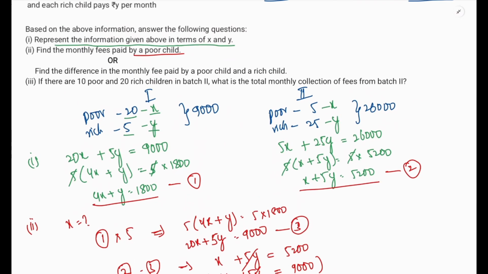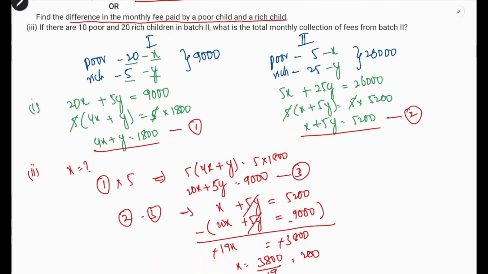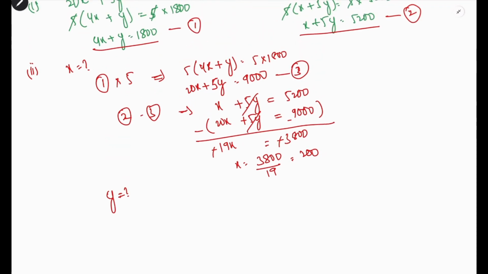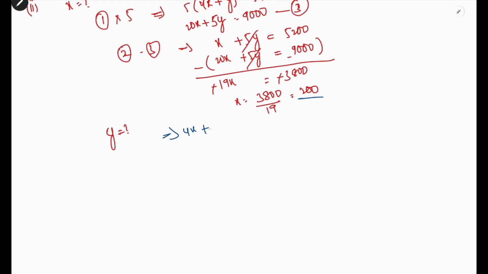And there is another option here. Find the difference in the monthly fee paid by the poor child and a rich child. So we have to find the y value also. We substitute the x value in the first equation: 4x plus y is equal to 1800. Here x is equal to 200, so 4 into 200 is 800 plus y is equal to 1800.